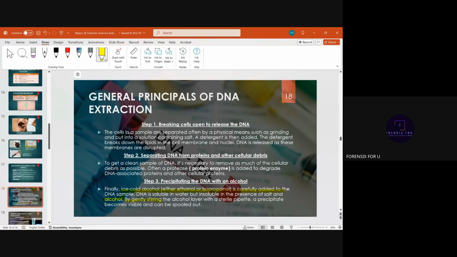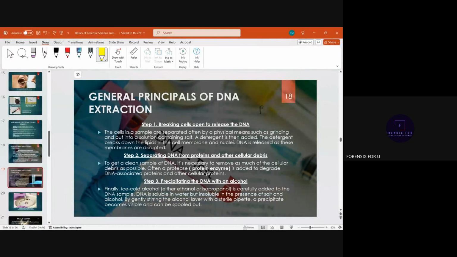So by gently stirring the alcohol layer with a sterile pipette, a precipitate becomes visible and can be spooled out. Always remember, it is soluble in water, but it is not soluble in the presence of alcohol and salt. So in order to obtain a very pure DNA, we use ethanol or isopropanol for the purpose of DNA precipitation.